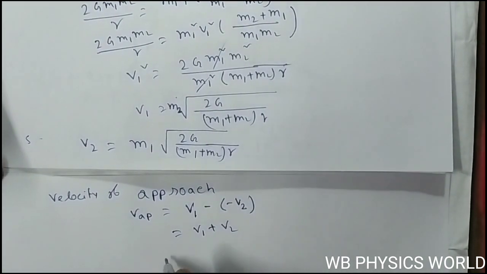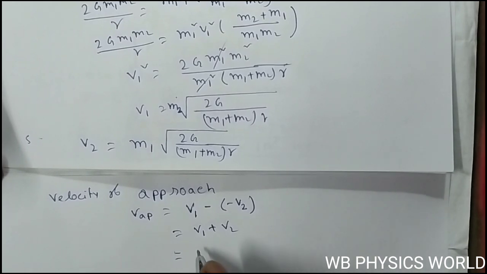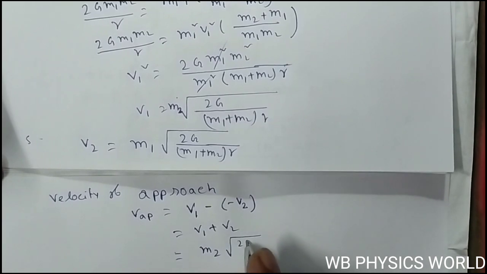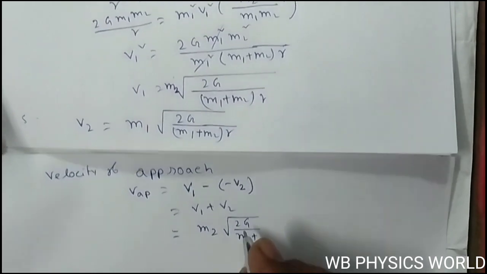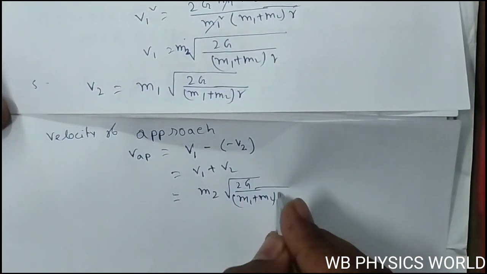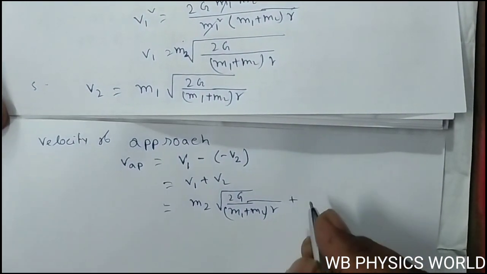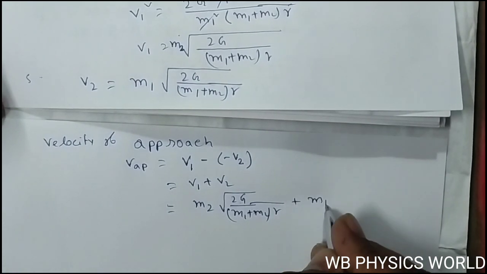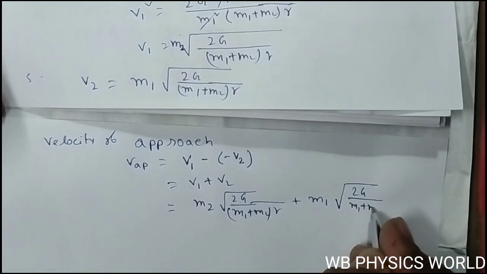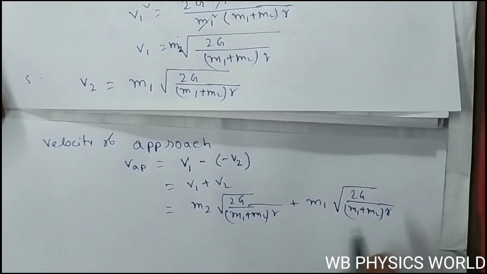The value of v1 is m2 root over 2G by (m1 plus m2) r, plus m1 root over 2G by (m1 plus m2) r.